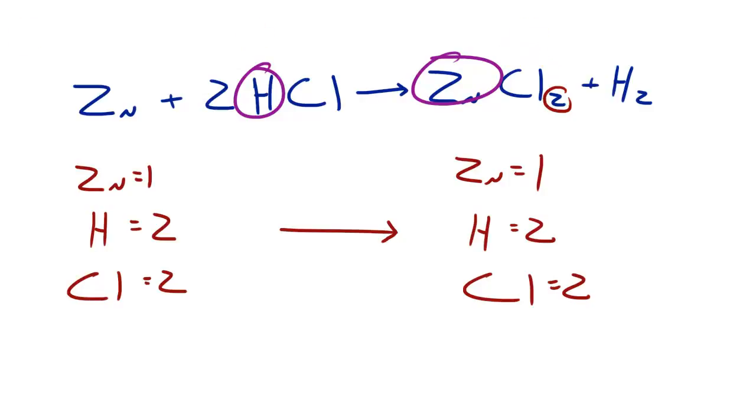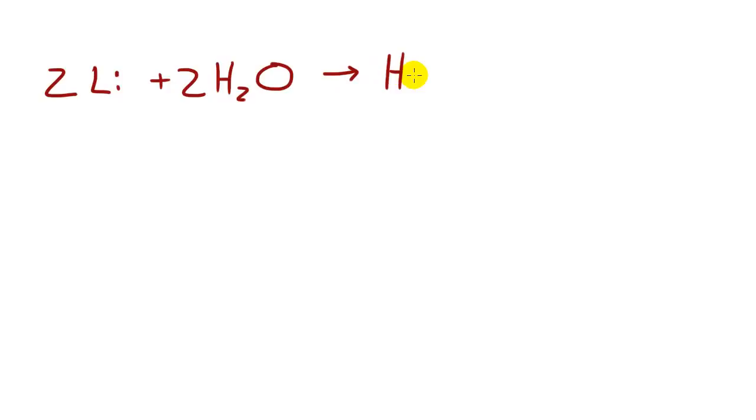Now, if you guys are like, this is easy, let me throw something a little bit more difficult at you. This is your homework assignment, so pay attention. You have 2 lithium atoms, and what can I bond this with? 2 H2O molecules. What you're going to end up with is 2 hydrogen, and also, how am I going to write this?